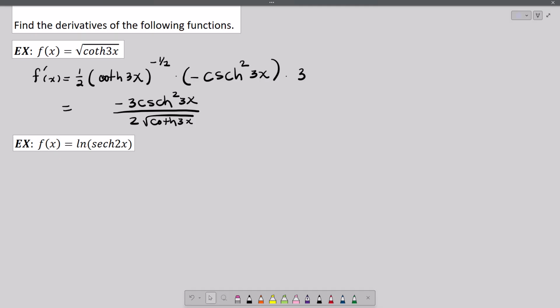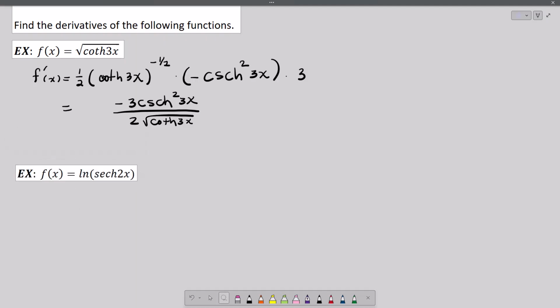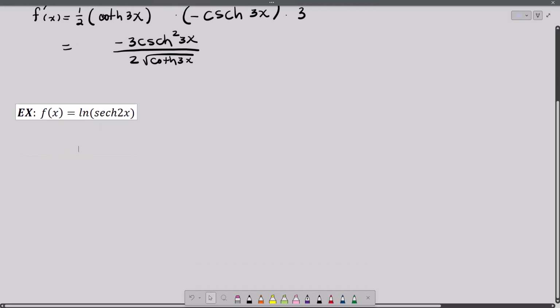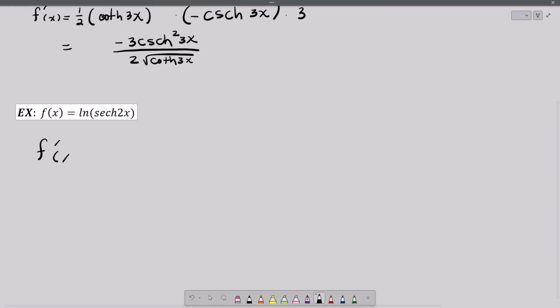So 1 over sech times sech prime. So first part of the derivative for a log, 1 over the inside. And then in the numerator, we have to take the derivative of the inside.